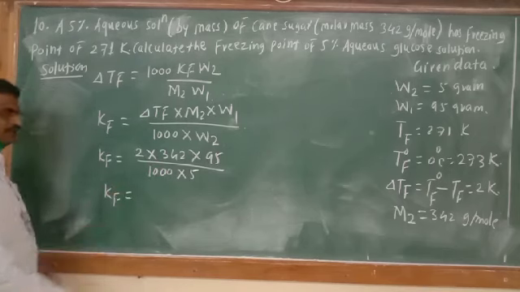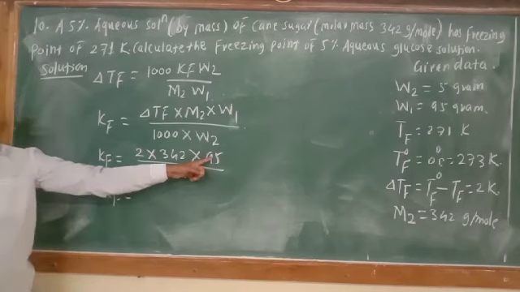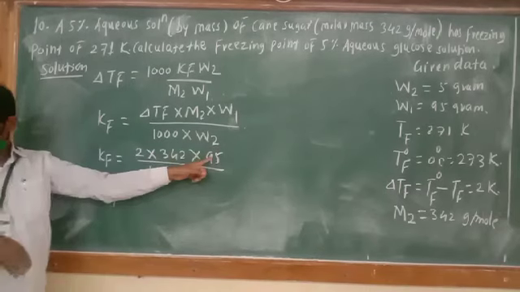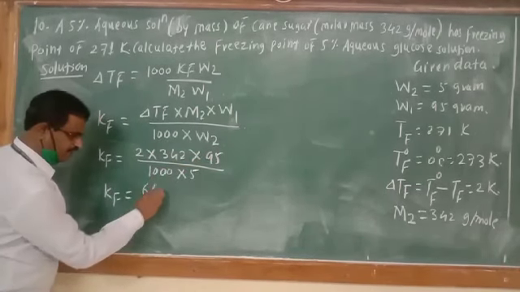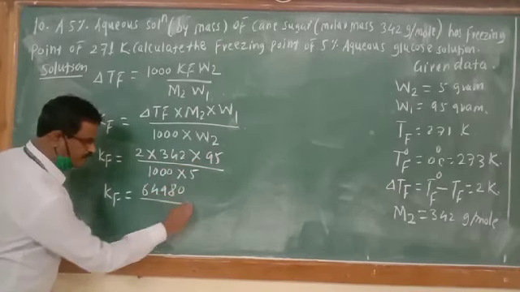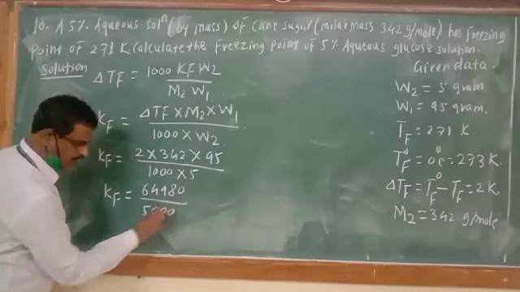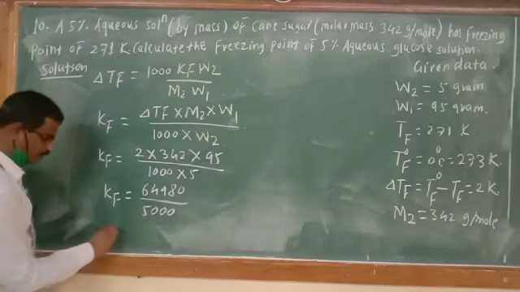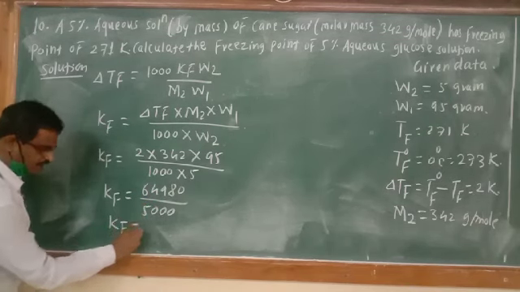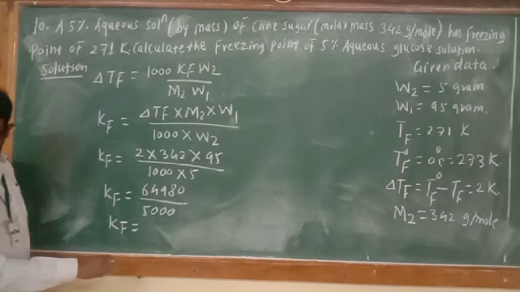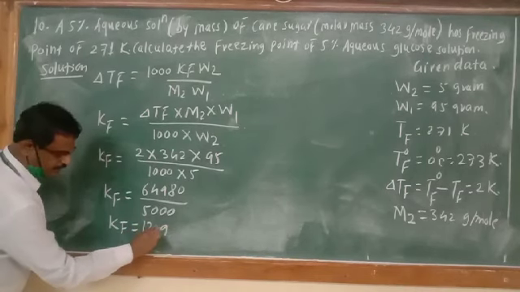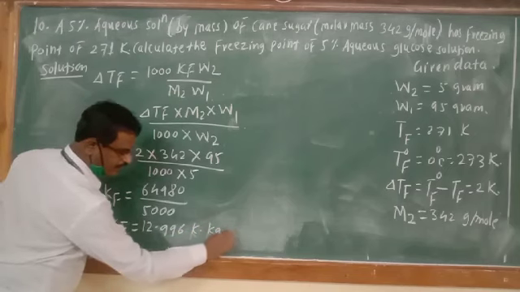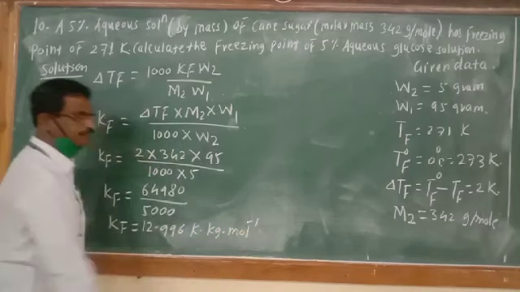Kf, if this is solved, we will get the answer equal to 64980. Over here it is 64980 divided by 5000, and if we solve this, finally we will get Kf equal to 12.996 Kelvin kilogram per mole.